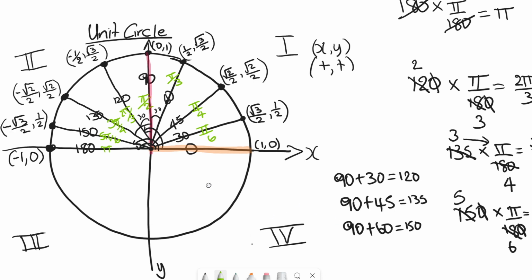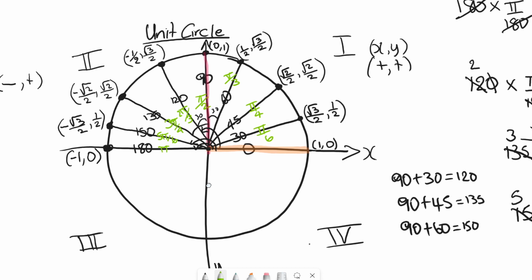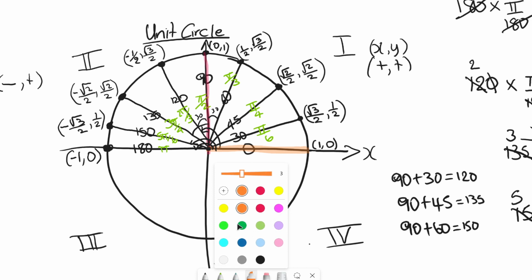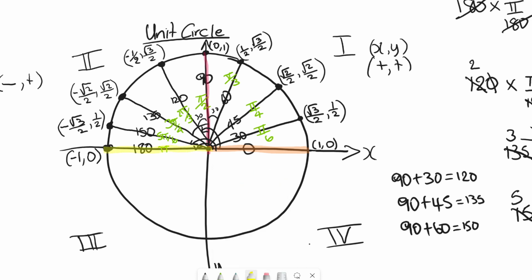Yay. Okay, we're going to do the same thing for the third quadrant, but instead we're going to be using the x-axis. So now my x-axis is going to be symmetric, or my line of symmetry, if you may. This is going to be my mirror. So now I'm going to flip down, if you can imagine flipping down.